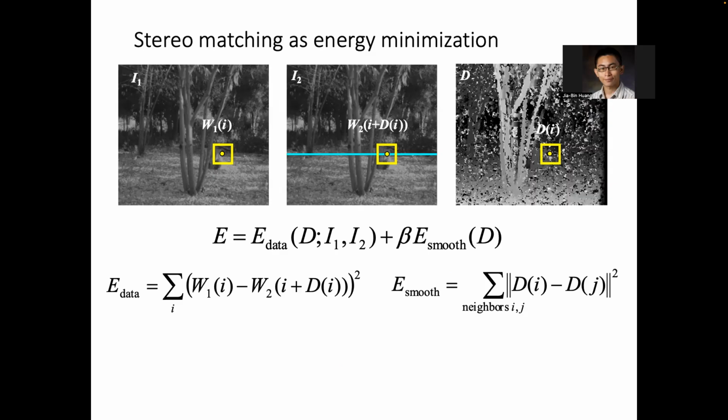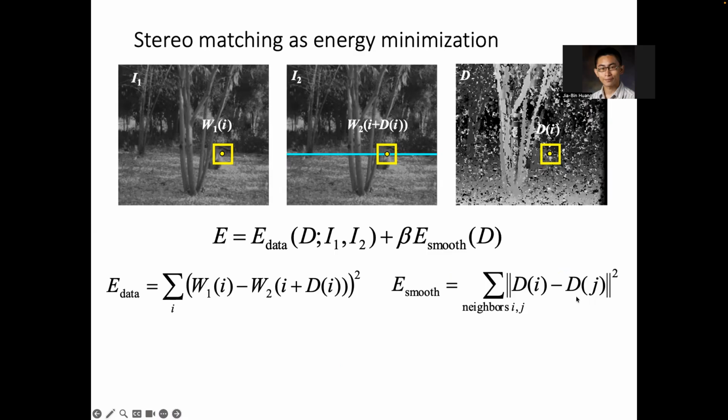If a pixel's estimated disparity is d_i, and d_j is for a nearby pixel, the disparities should be similar. And you add an optimization term to the objective that makes sure they are similar.